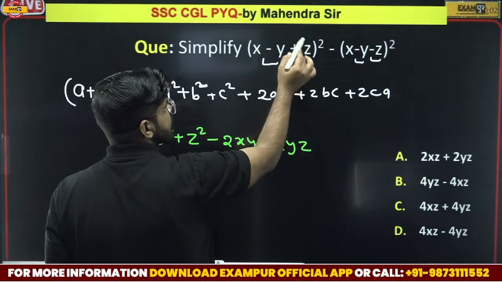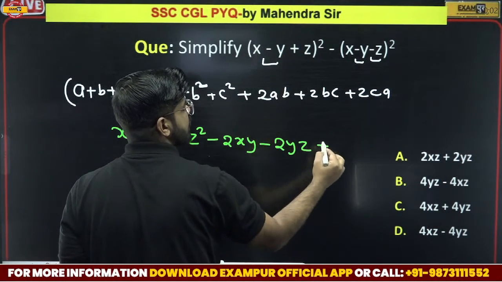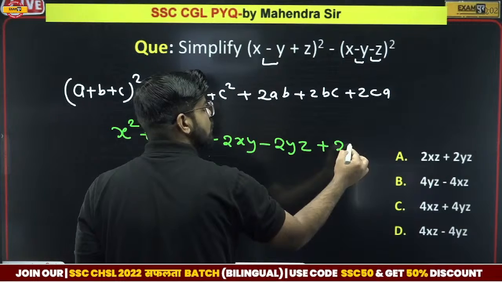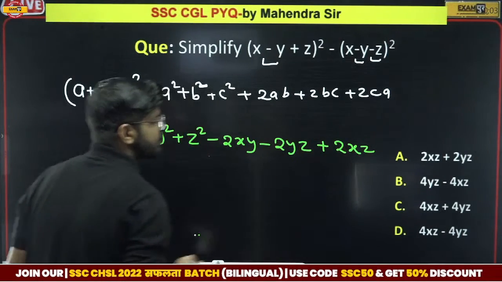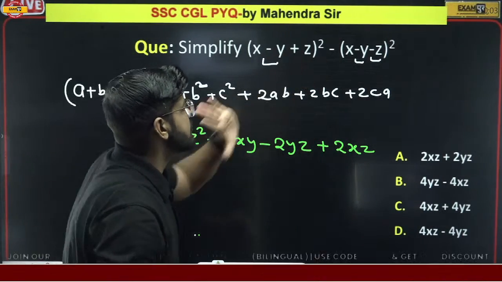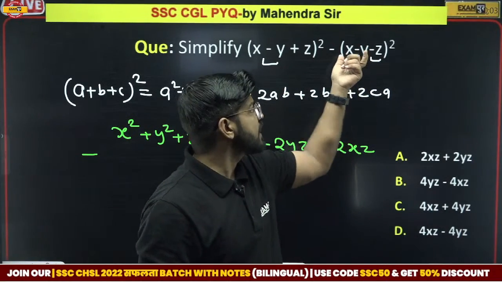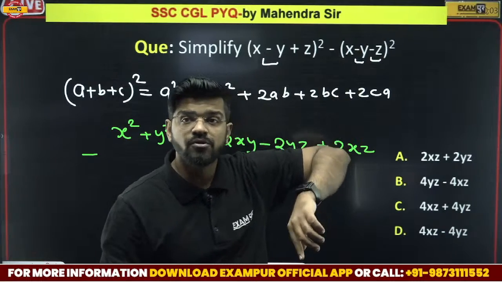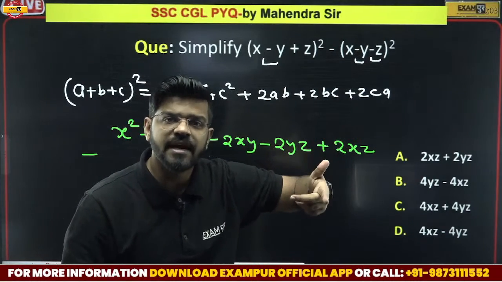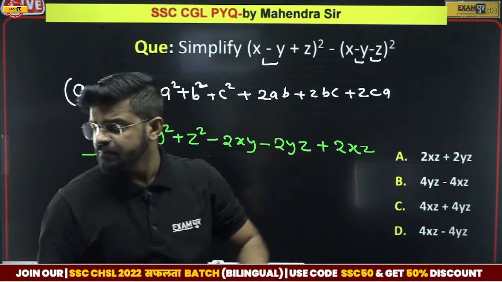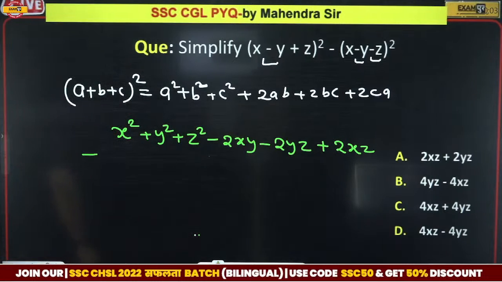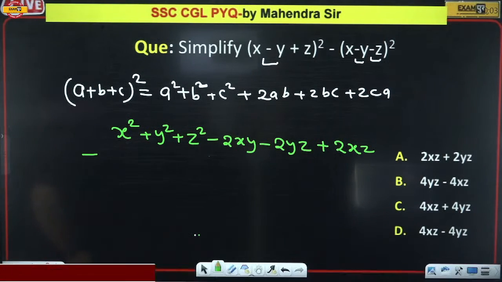After that, you know that x and z are positive, so we can write it positive, like 2xz. Now there is a minus sign, so whatever signs we calculate here will get opposite. If there is plus we will get minus, if there is minus we will get plus. Is it clear to everyone?